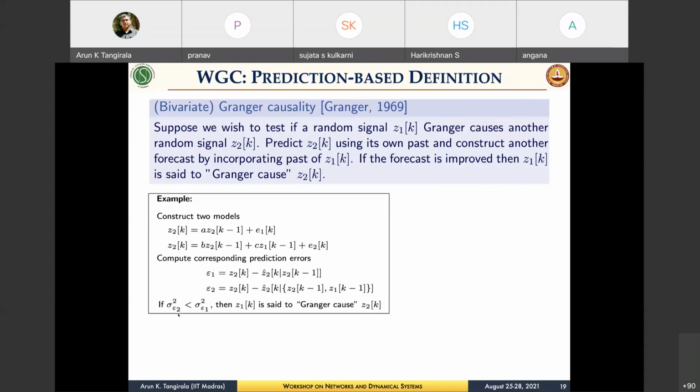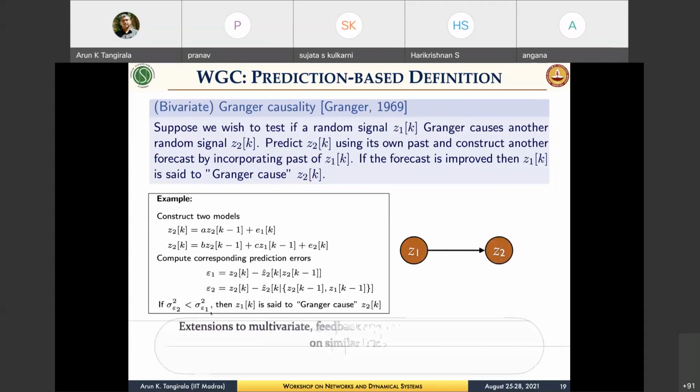Sigma square epsilon 1 is what you have as a residual or the prediction error. If sigma square epsilon 2, which is the residual obtained from the second model, including the past of Z1, is less than sigma square epsilon 1, then Z1 is said to Granger cause Z2, and then you draw a Granger causal graph as I've shown here.